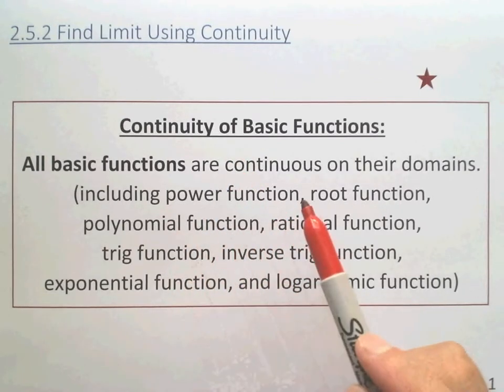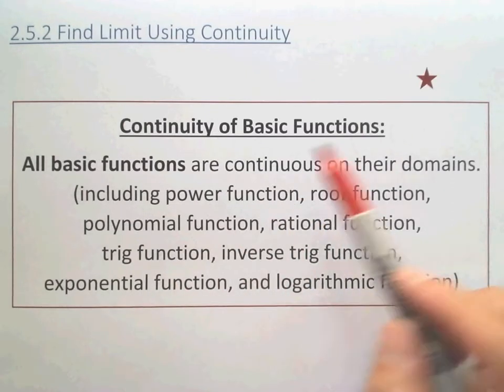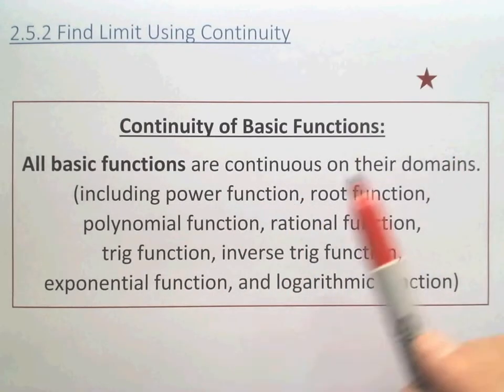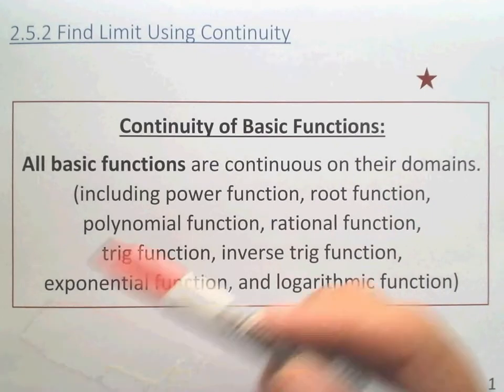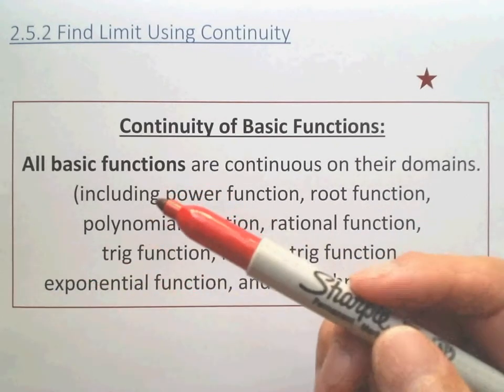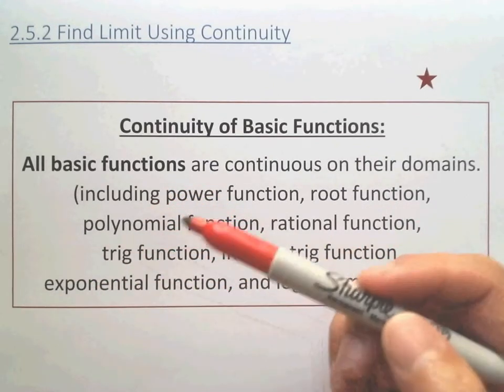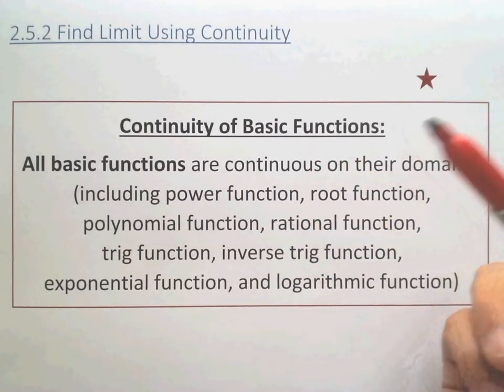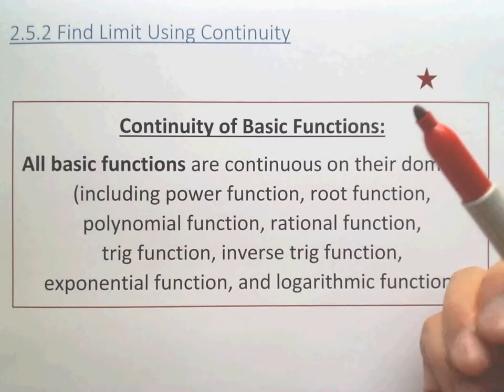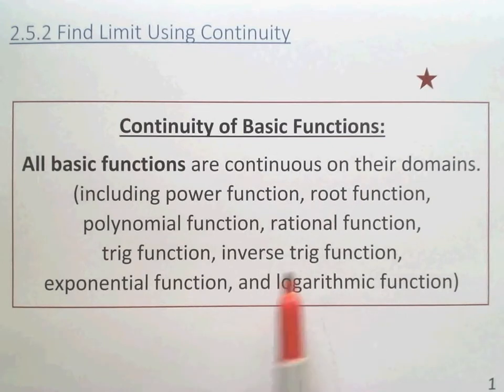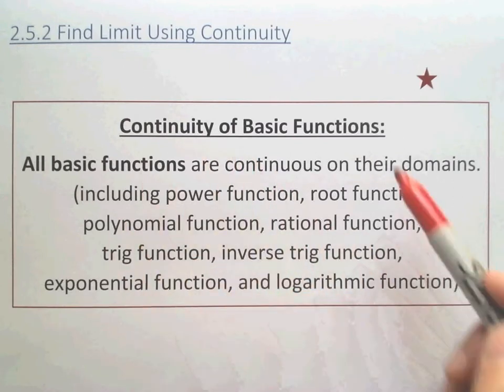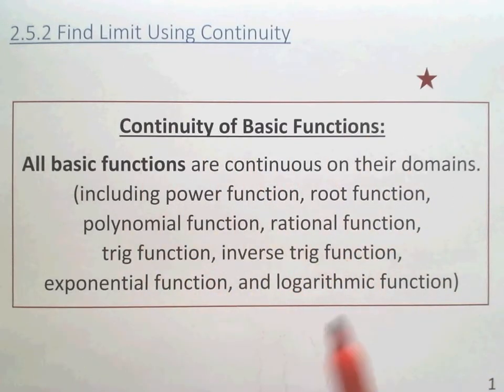So if the original function is continuous, which means no gap, then the curve of the inverse function also has no gap or no hole, which means it is continuous. So if trig is continuous, the inverse trig is continuous. If exponential is continuous, the inverse, the logarithmic function, is also continuous. So far we have all these results: all the basic functions are continuous on their domain.